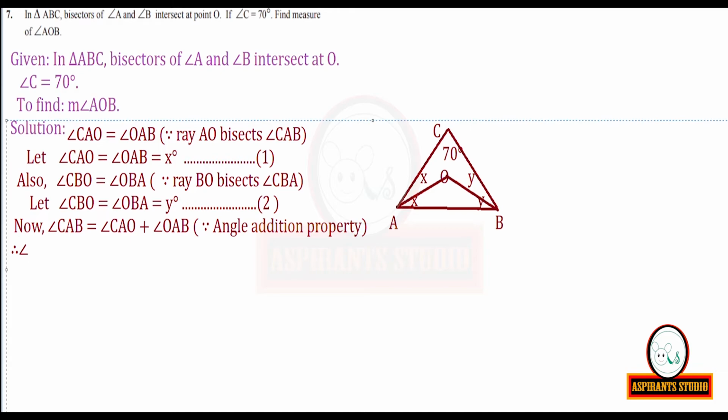Now, you know the values of measure of angle CAO and measure of angle OAB. Put the values from equation 1. So you will get measure of angle CAB is equal to x degrees plus x degrees, that is equal to 2x degrees.